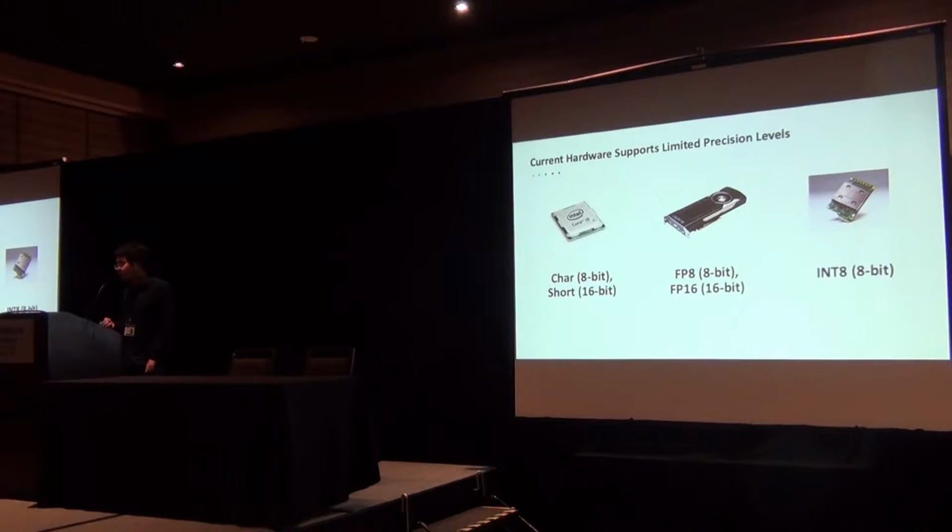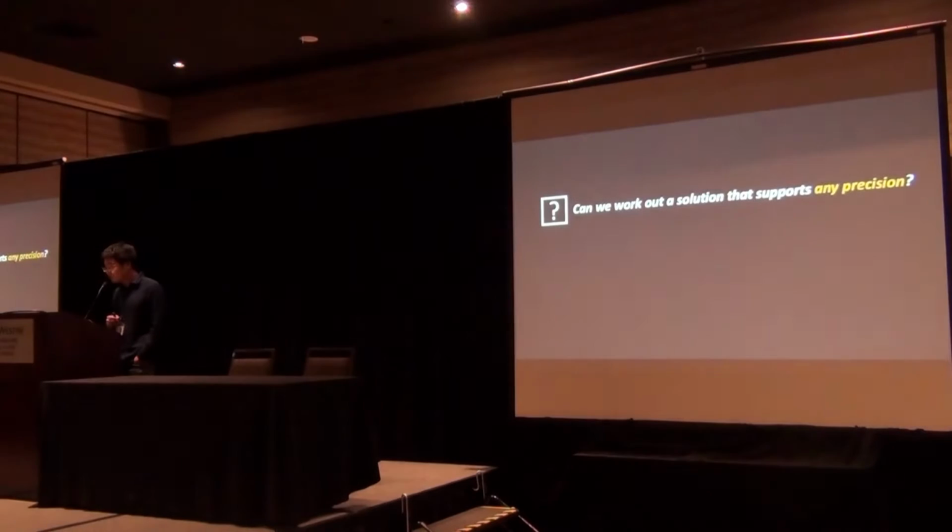The TPU only supports 8-bit. But your model probably needs 3 bits. What you can do is pad 3 bits to 8 bits for further computation. It means you cannot fully take advantage of low precision given current commercial hardware.